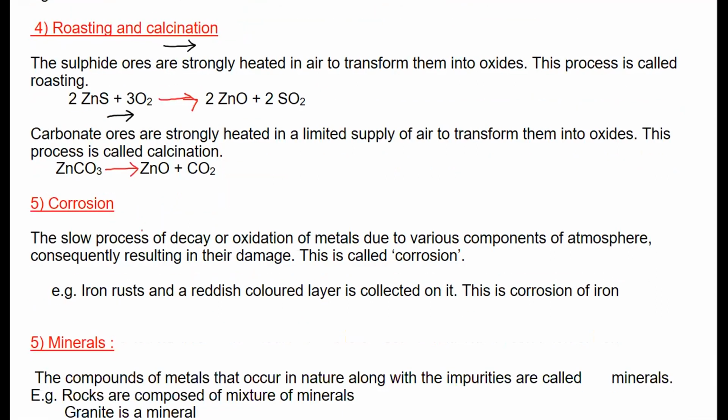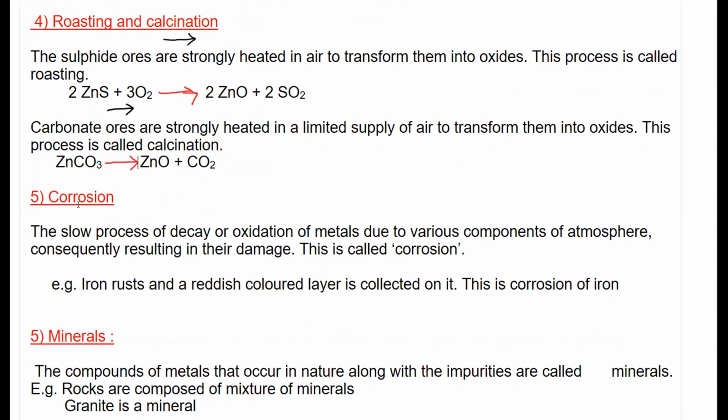The next question is corrosion. Corrosion means the slow process of decay or destruction of metals due to oxidation of the metal as a result of the components of the atmosphere, consequently resulting in their damage.